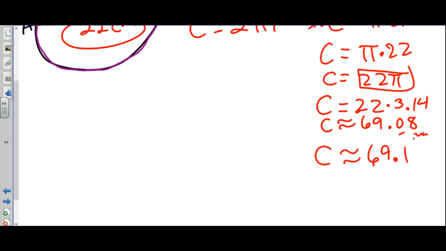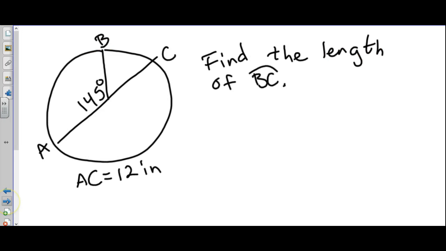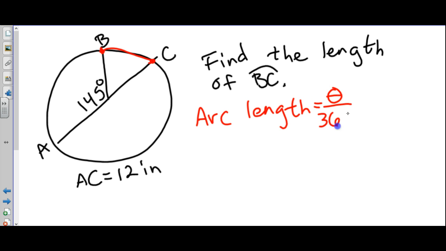So then we have one last type of problem. That's finding the length of just a small piece of the circle. If you're doing the entire circumference, you use that formula 2 pi r or that formula pi d. If you're doing what's called arc length, you're going to use the formula theta over 360.